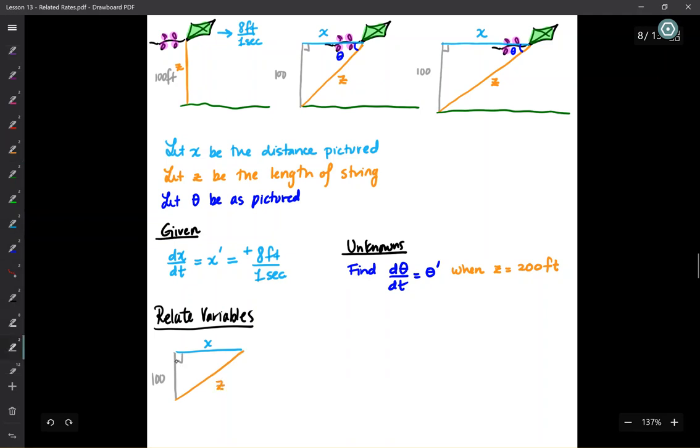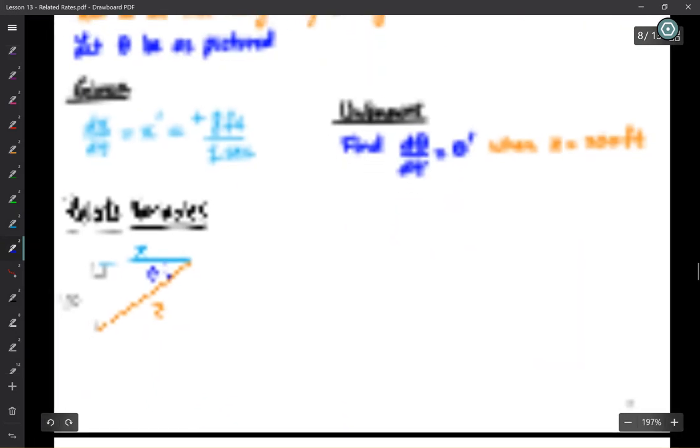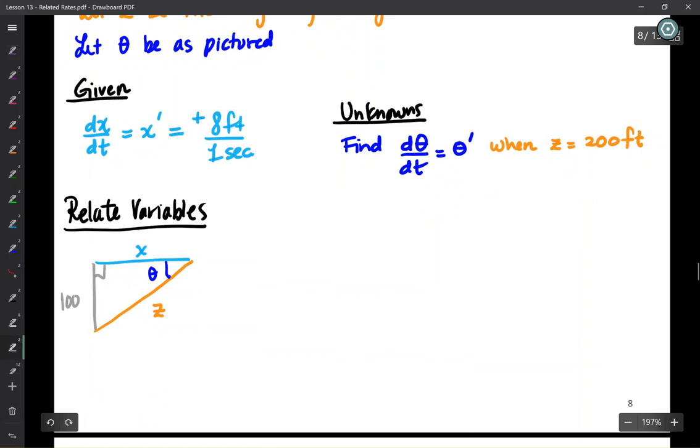And this is a right triangle here, and this is the angle theta. And when I'm looking at this, one thing that you might consider is that the cosine is adjacent over hypotenuse. The cosine of theta, adjacent is x, and my hypotenuse is z, and that's all well and fine.